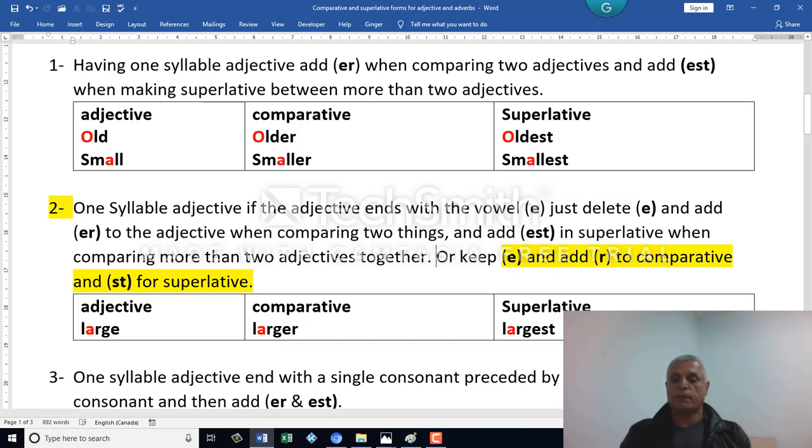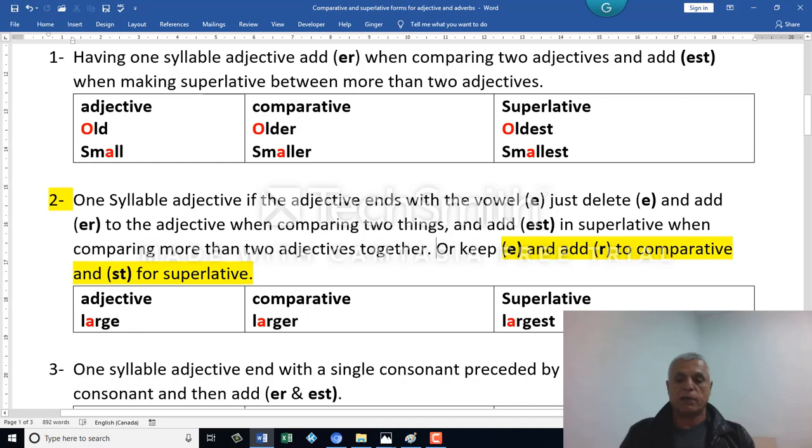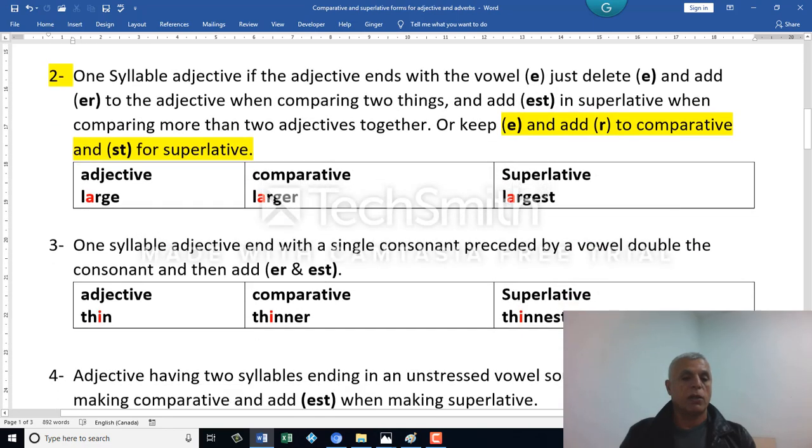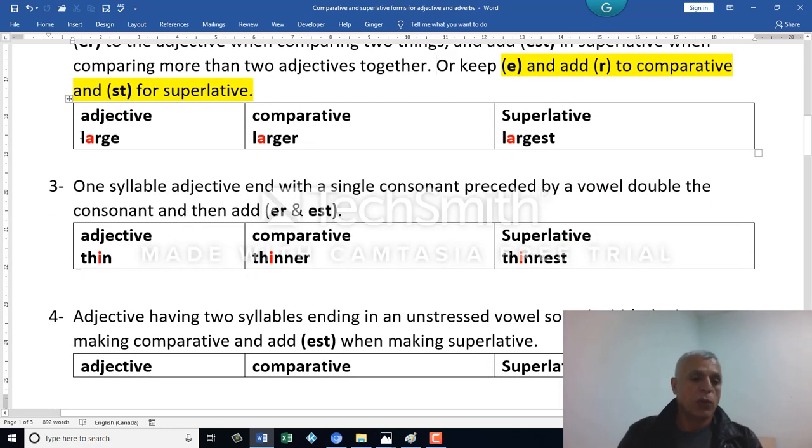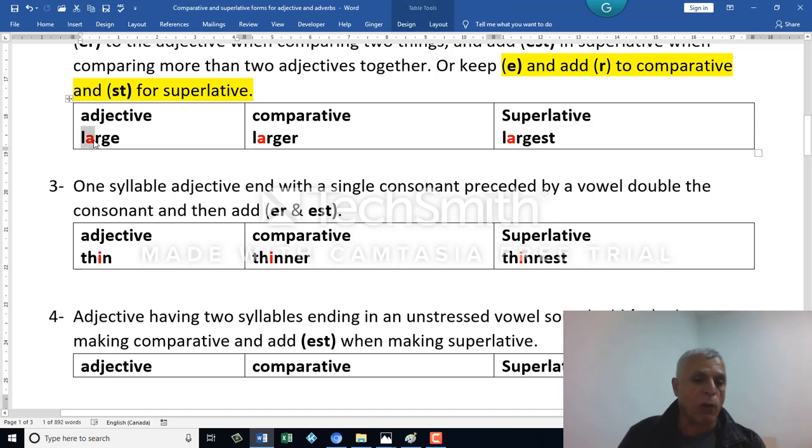Okay, let's look here. We have this adjective, large. We consider it one syllable because this vowel is pronounced, and this vowel e is not pronounced. Then we add er to the end of large, or sometimes we say keep this e, then add only r to the end. Same thing when we have the superlative. Then we add est, or we could keep the e, then we add st to the end.